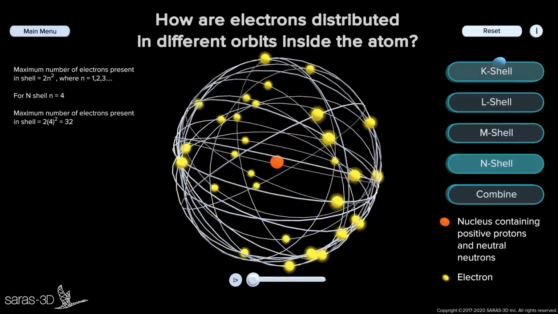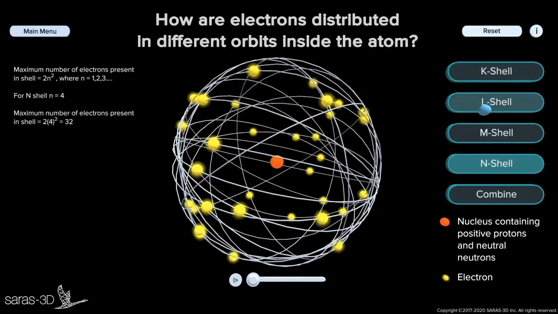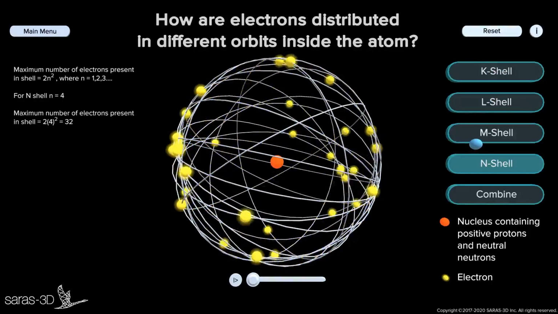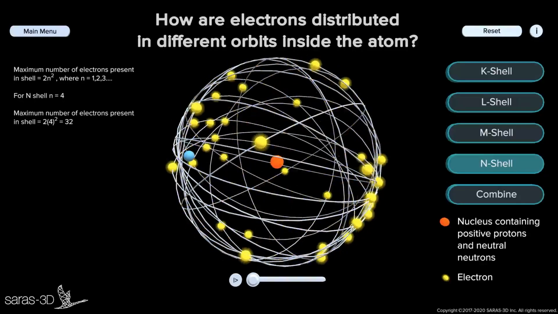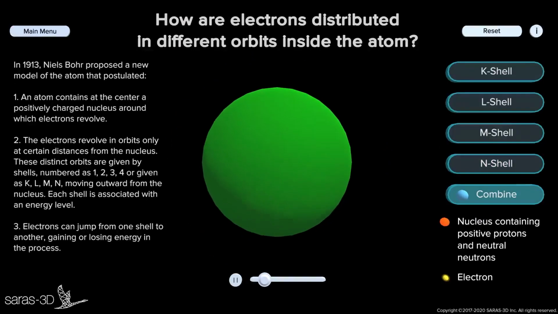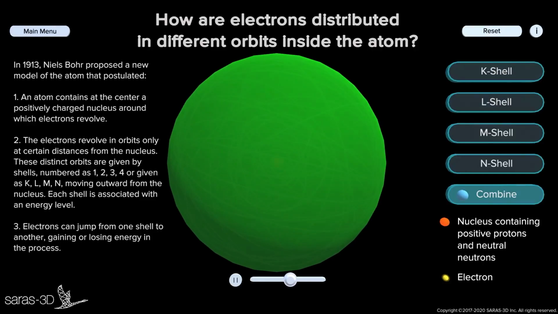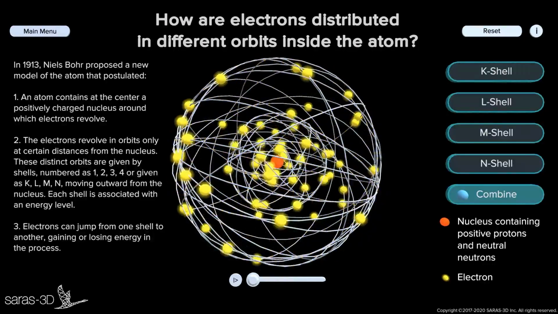So let us just revise. For the K shell, we obtained 2 electrons. For L, we obtained 8 electrons. For M, we obtained 18 electrons. And for N, we saw we can have a maximum of 32 electrons. Now let's see the overall picture of the atom with all these 4 shells combined.